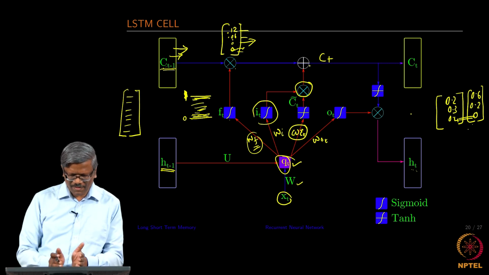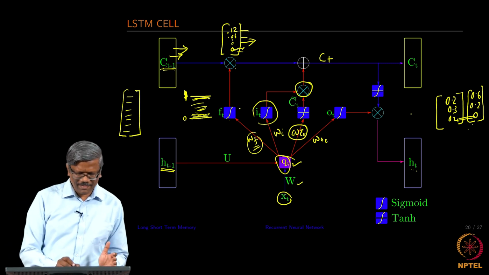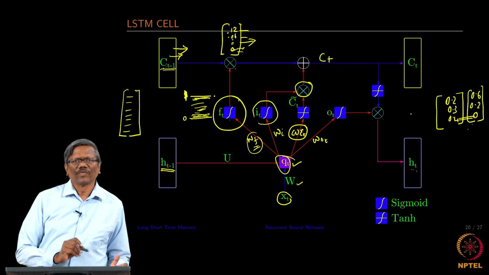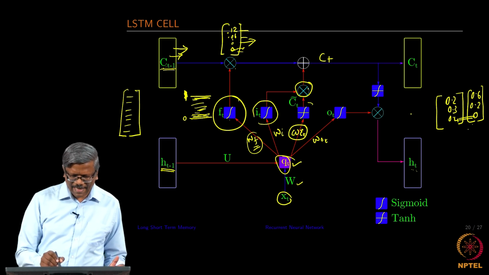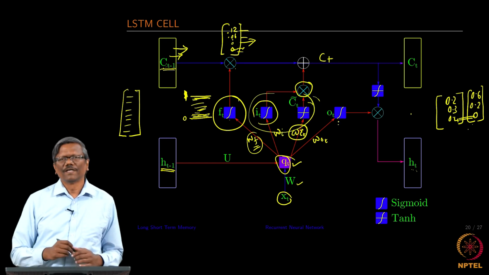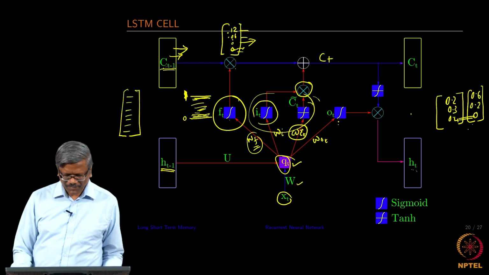So, this is one small portion that we had earlier. So, now it is having an FT, and then this is computed and then added as a new memory, and now there is another one which is the output gate. Okay.